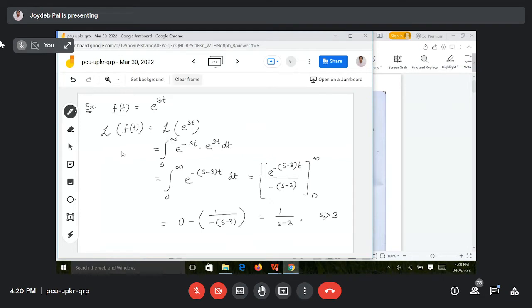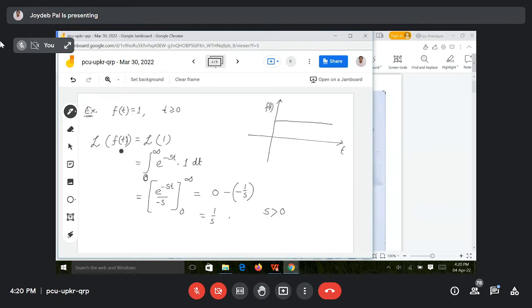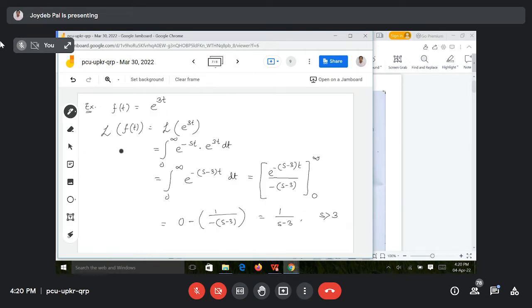Look, we are taking Laplace transform of different types of functions, and we are getting different functions of s. In the previous case, if the function is 1, then we got 1 by s. If the function is e to the power 3t, then we are getting 1 by s minus 3. Similarly, you can try with the polynomial type. If f(t) is equal to t, then what will be the Laplace transform?